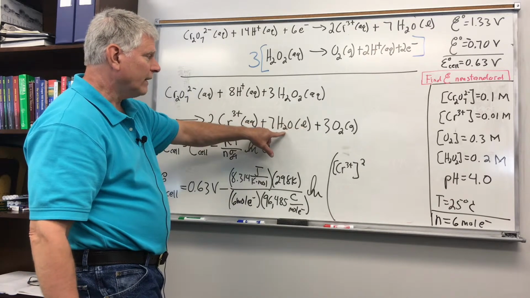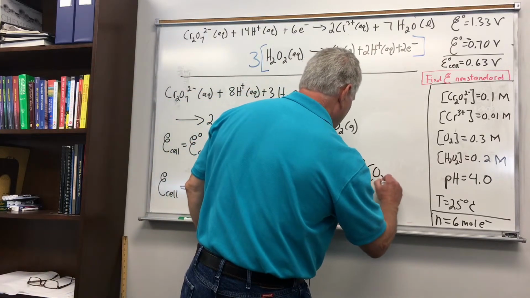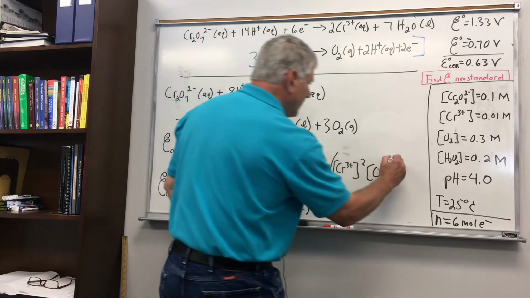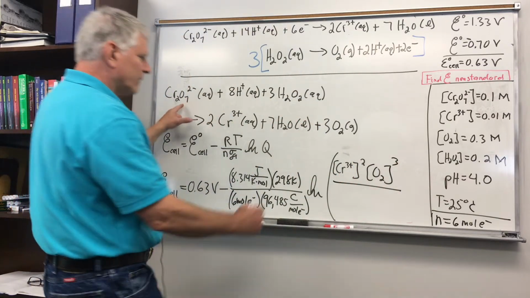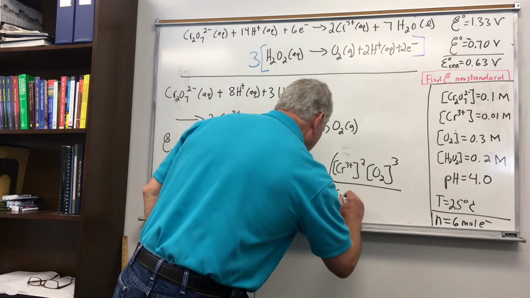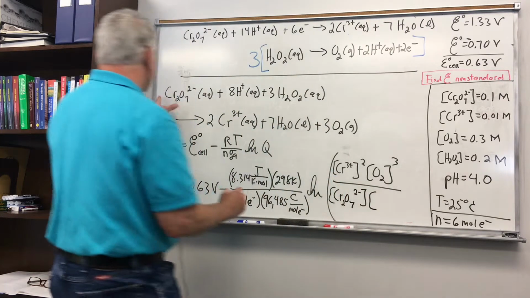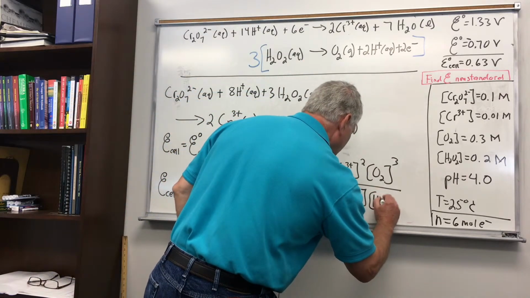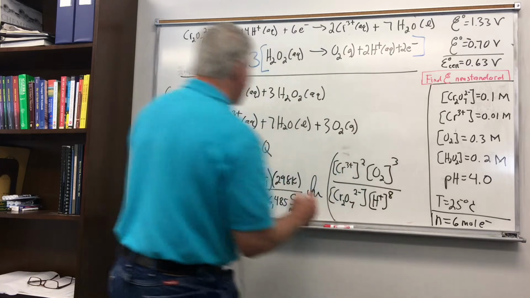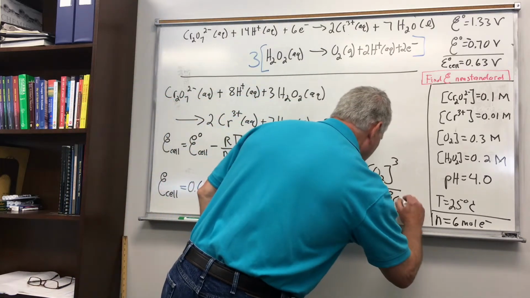So I'll leave water out. I have oxygen, and that's cubed. Those are my products. And the reactants are dichromate to the first power, H plus to the 8th power, and hydrogen peroxide to the 3rd power.